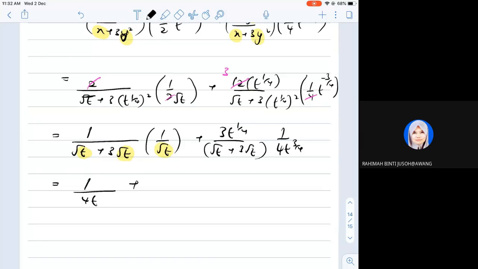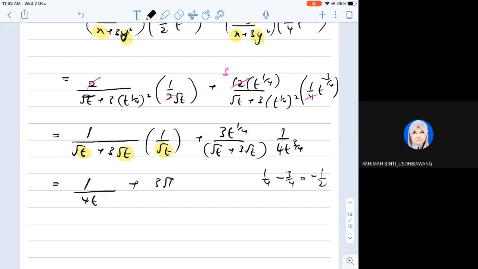Then multiply by 1 over square root of t times, okay, this one becomes 1 over 4, negative. 1 over 4 minus 3 over 4 becomes negative 1 over 2, isn't it?